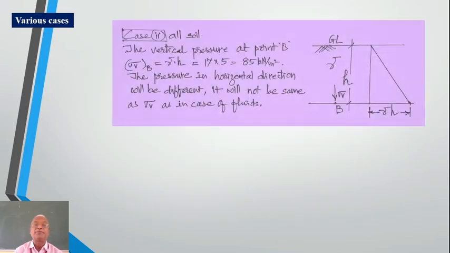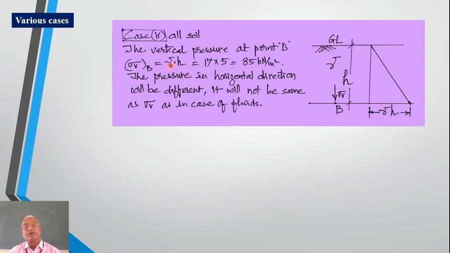Now let us say here there is a case of soil, all soil. There is no liquid involved, it's all dry soil. The vertical pressure at point B, sigma v, which is at a depth H, with gamma as the unit weight, will be equal to gamma into H once again.